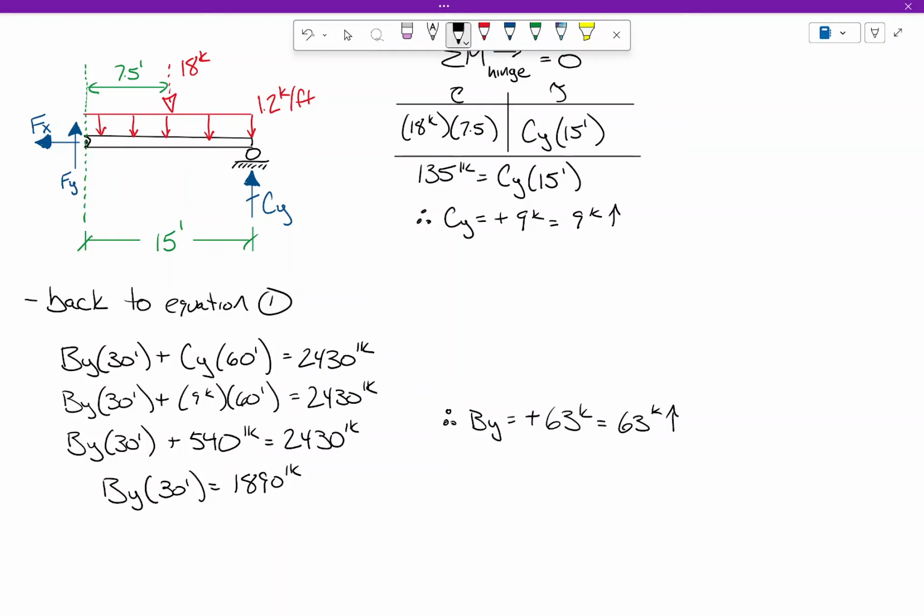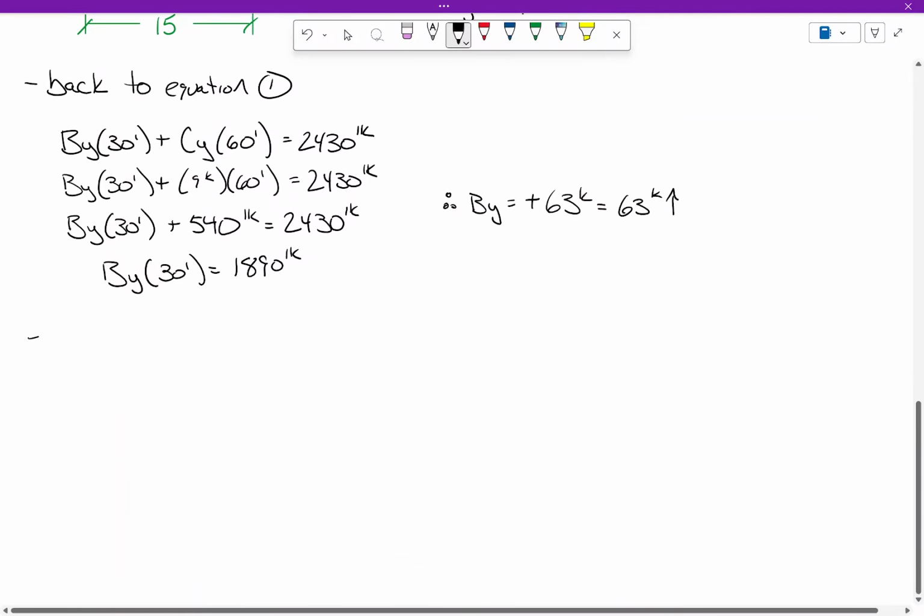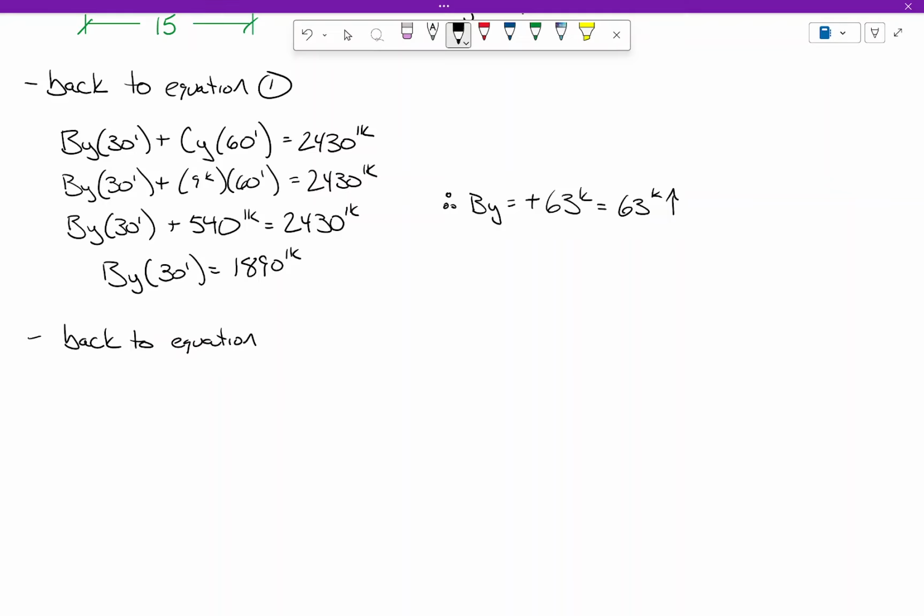Okay. So then what we need to do is go back now to equation 2. And adding those up was 92 kips.